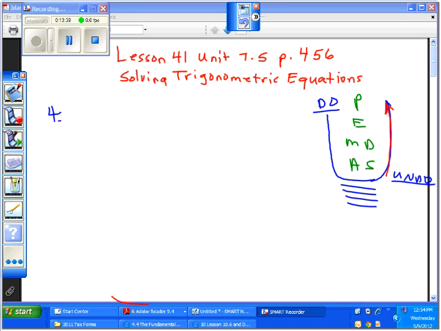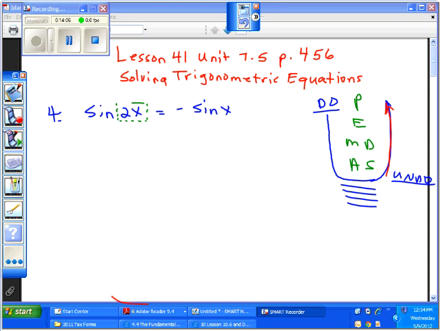Number 4, sine 2x is equal to negative sine x. Now, there's a little situation here. We have a double angle identity, and we don't have a way of getting that off of there with some undoing stuff. The only way we can deal with that is to replace it with the double angle identity rule.